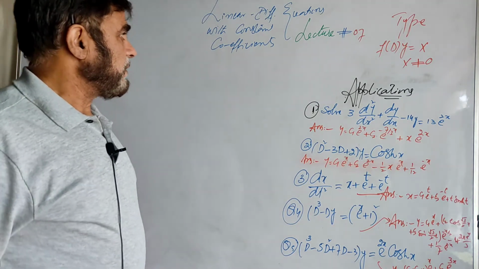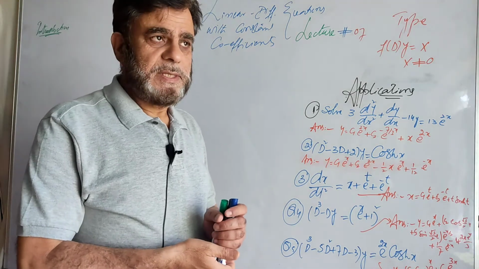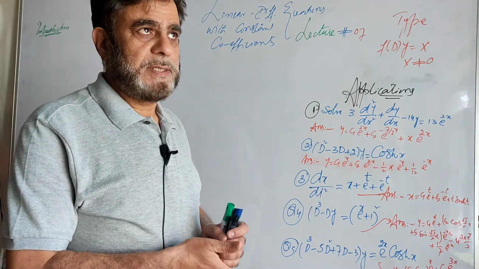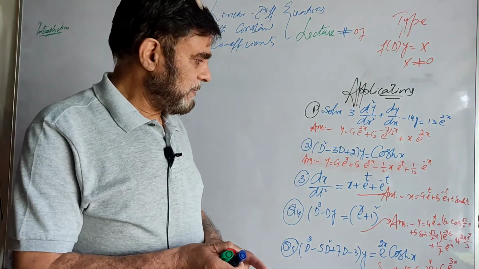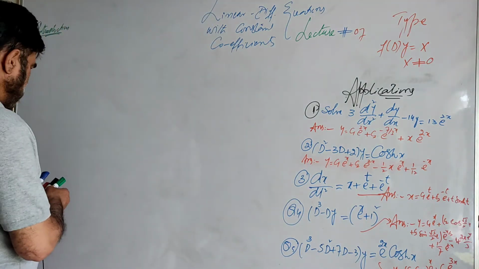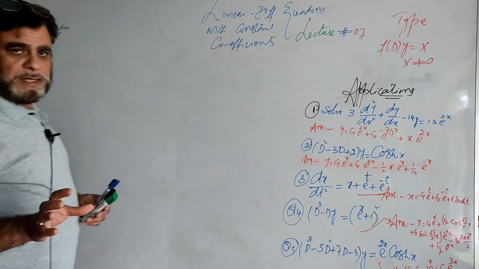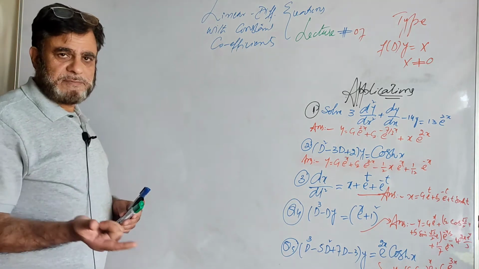I am now delivering lecture number 7 on linear differential equations with constant coefficients. We are dealing with second order and third order linear differential equations with constant coefficients. This time we discuss another case. We discussed the cases when capital X, the right hand side, was 0.